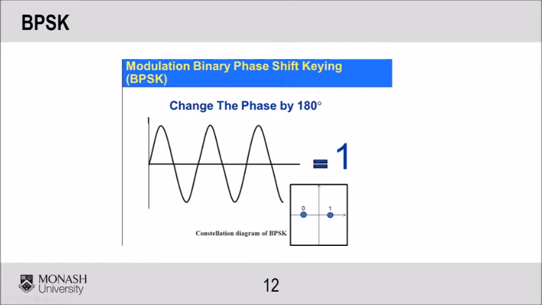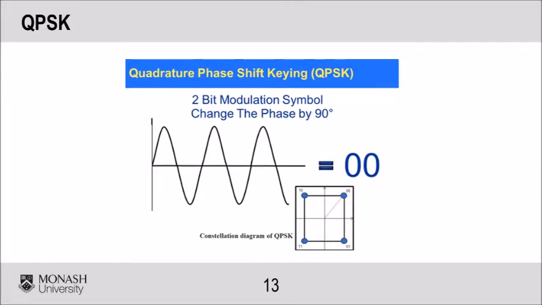It doesn't particularly matter exactly where the constellation points are positioned. In the QPSK modulation, the signal will be mapped into constellation points, and each point represents a signal having a difference of 90 degrees.